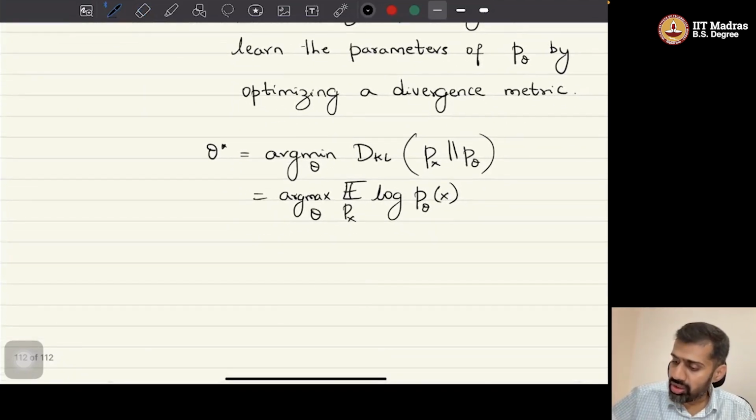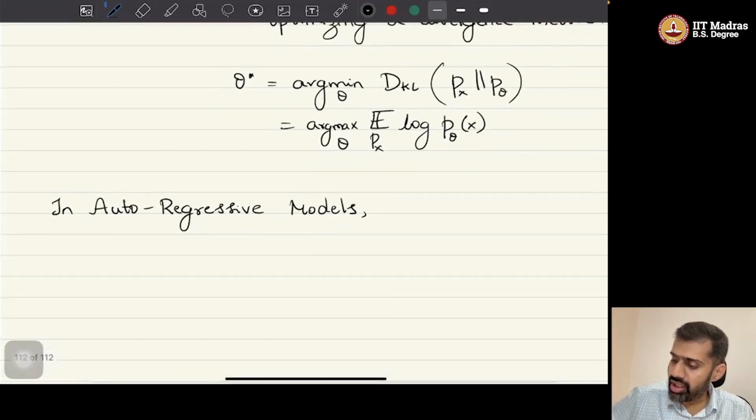So in auto-regressive models, p theta will take this particular form.